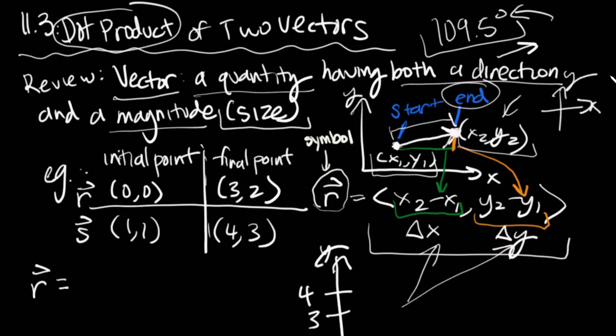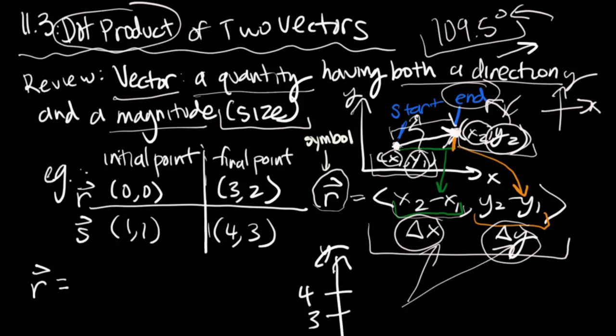The change in x is the first component, and it is x2 minus x1, or the ending x minus the starting x. The change in y is basically the same thing in the y direction: y2, which represents the ending, minus y1, which represents the start.